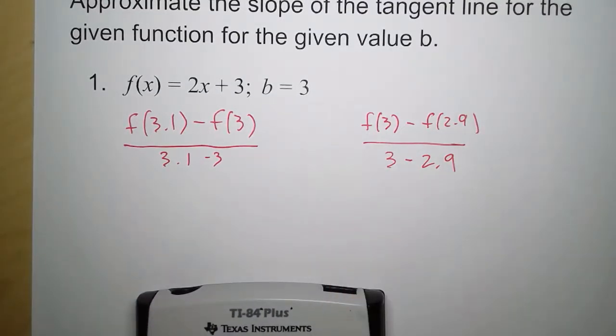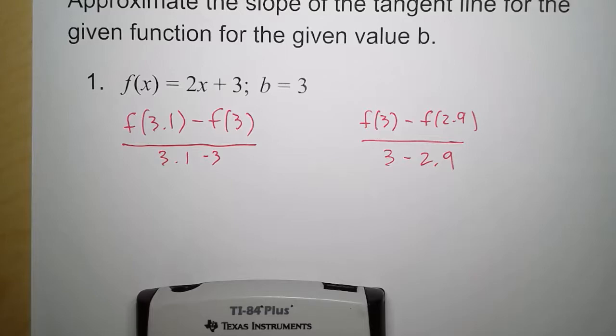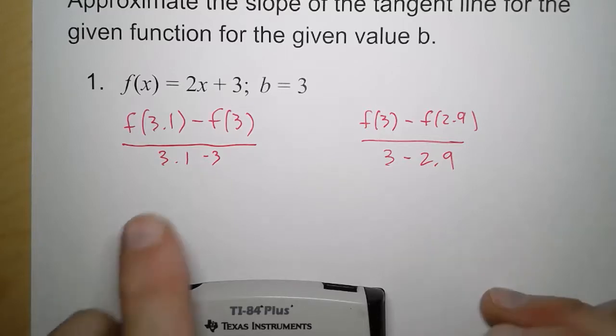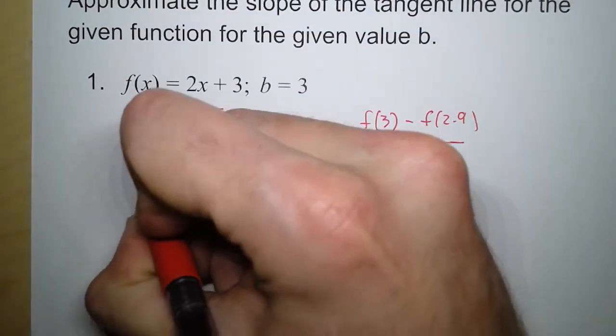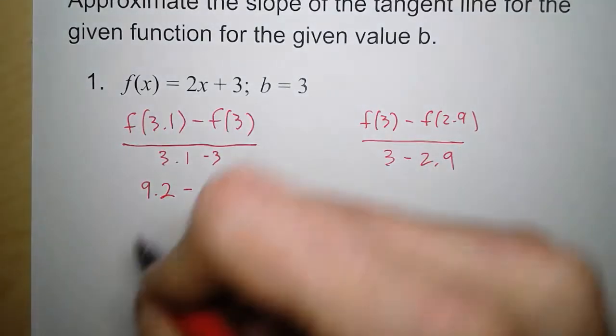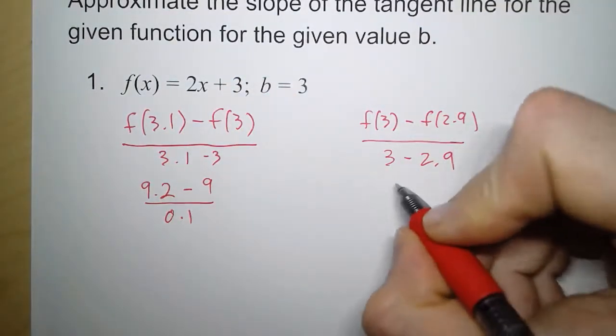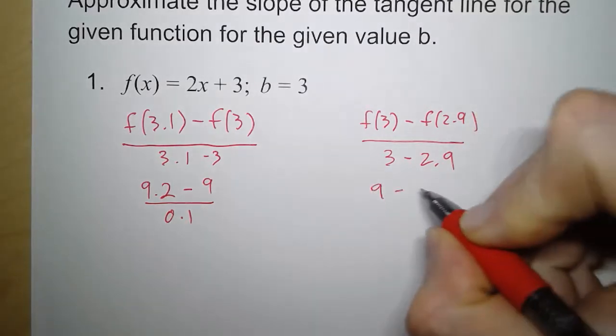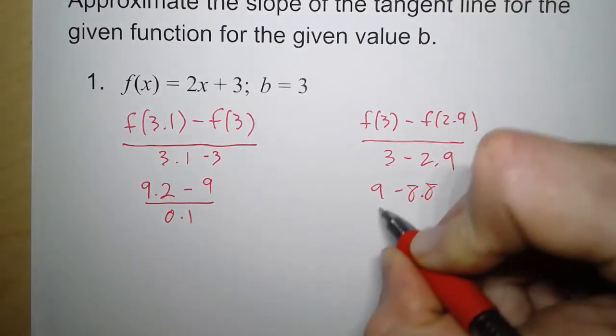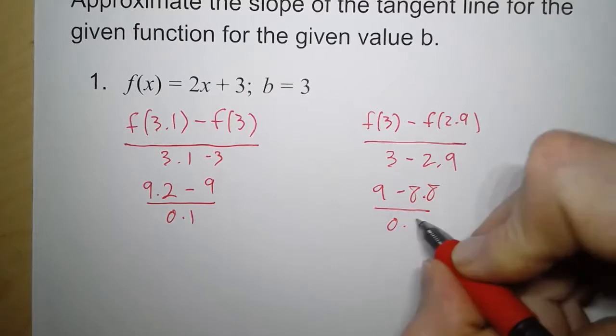So when we calculate this, 3.1 times 2 plus 3, we get 9.2 minus 9 over 0.1. Here we get 9 minus 8.8 over 0.1.